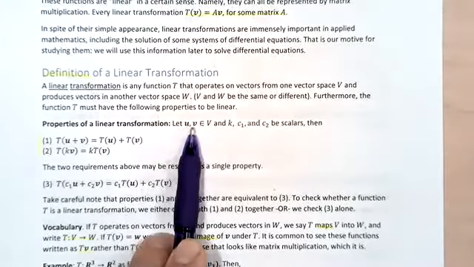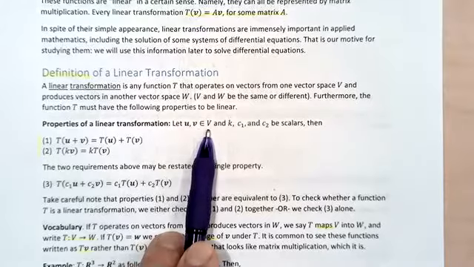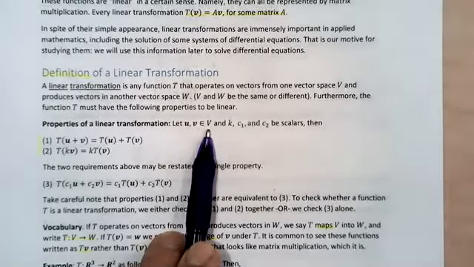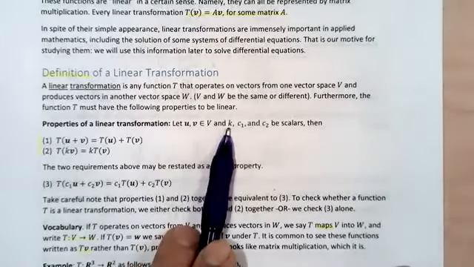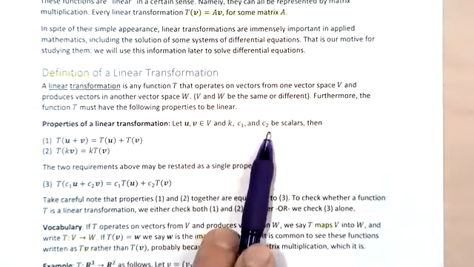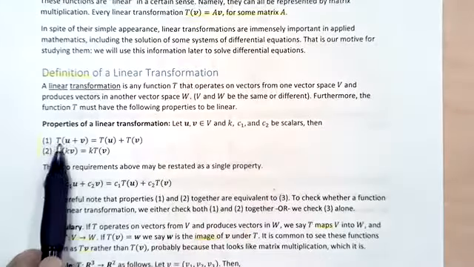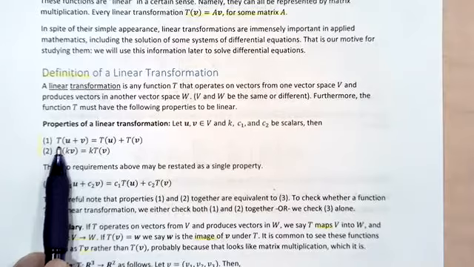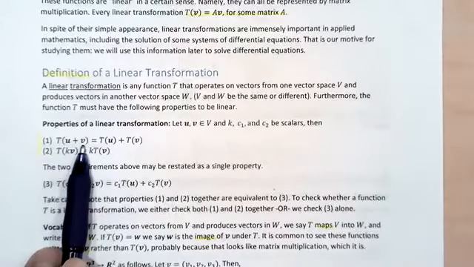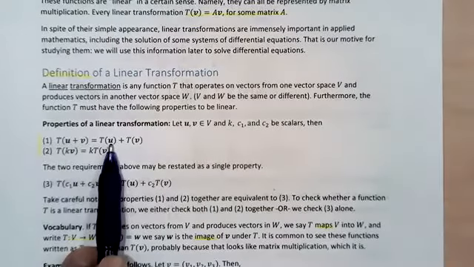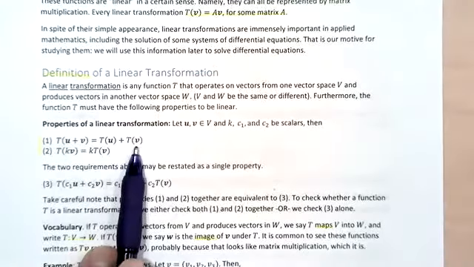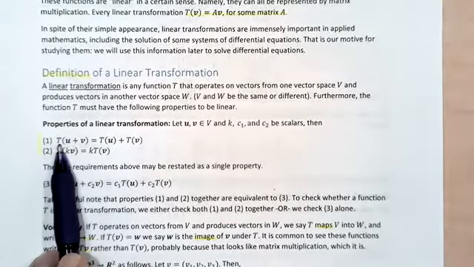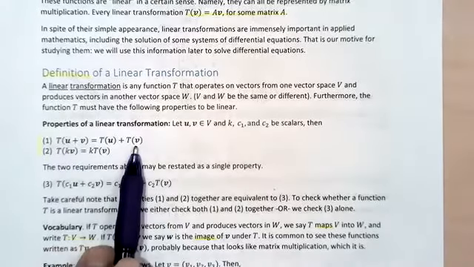Given any 2 vectors u and v in the source vector space, that's the domain, and any scalars k, c1, and c2, then these 2 properties have to be met. The transformation of u plus v has to be the same as the transformation of u plus the transformation of v. And if you think of that as a matrix multiplication, it says the distributive law works.